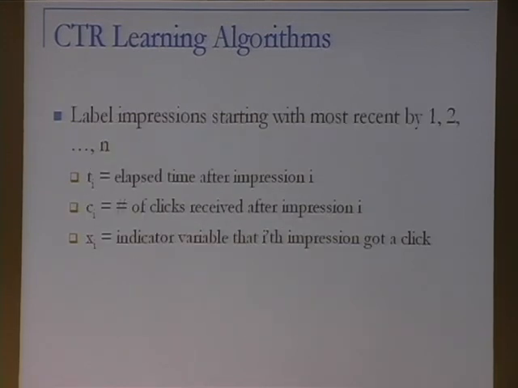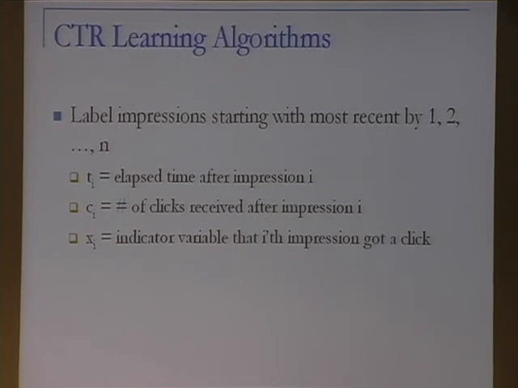In order to define a general class of which these 3 learning algorithms are examples, let me introduce some notation. I'm going to label the impressions, starting with the most recent, by 1, 2, up to n. I'm going to let Ti be the amount of time that elapsed after impression i. Ci is the number of clicks that were received after impression i.